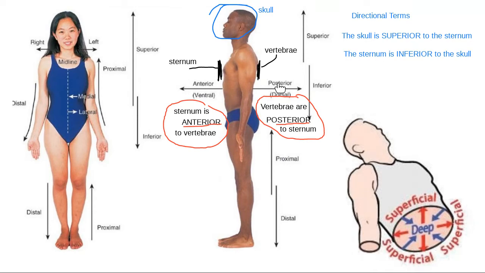Let's talk about something that's found in the middle and something that's found on the outside. When I'm comparing something closer to the middle of the body compared to something that's toward the outside of the body, the words I use to compare those are medial and lateral. Medial and lateral.